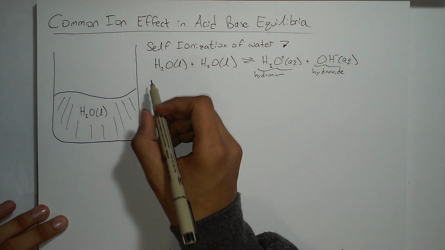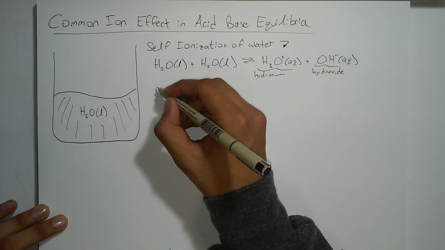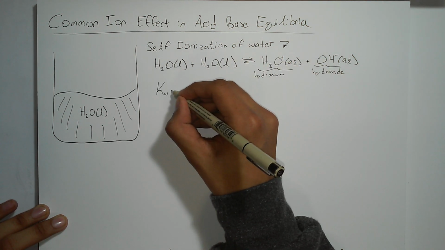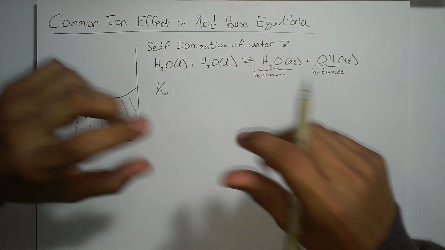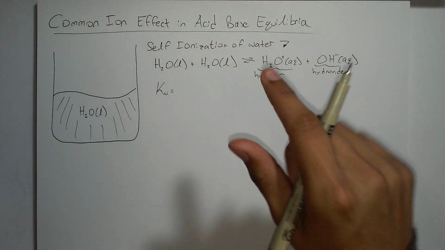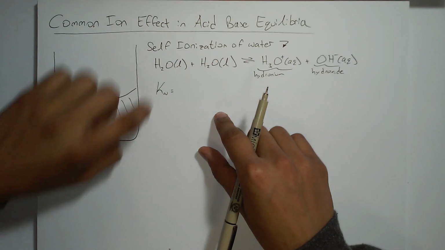Now, if I was going to write down the equilibrium constant expression for the self-ionization of water, it would be equal to this. Kw, just a little recap, it's always going to be the products over the reactants raised to the stoichiometric coefficients. And remember that solids and liquids do not show up in equilibrium constant expressions.